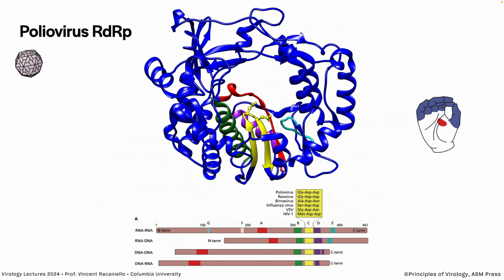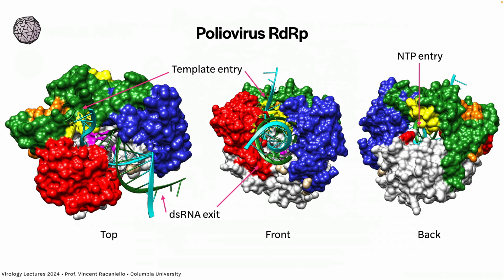Let me show you a different view so you get an idea of how this works. These are now space-filling views where all the molecules are spheres, against the polio RDRP. The yellow, again, is the active site where we have those 2 aspartates, shown here in purple.